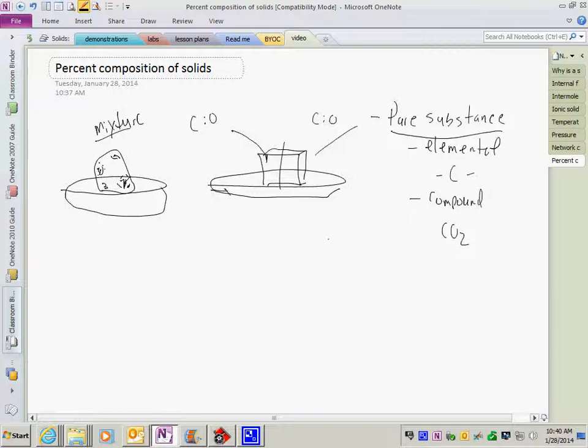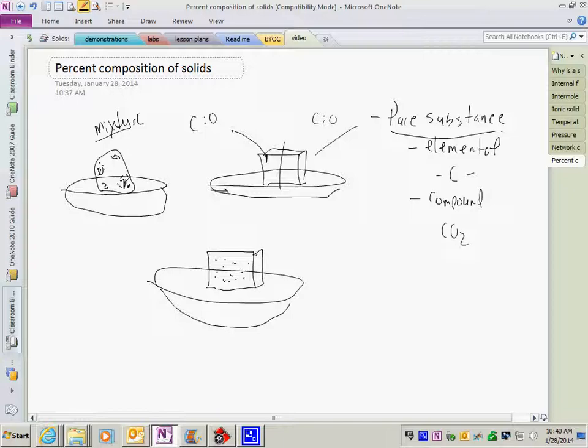So there are two ways to look at this: I could look at it as a pure substance or a mixture. Now, let's take a solid, and I can mix something into it, and maybe I mix it in very nicely.